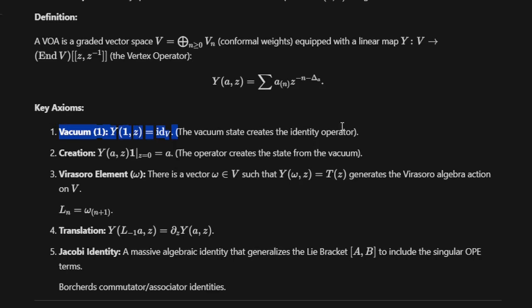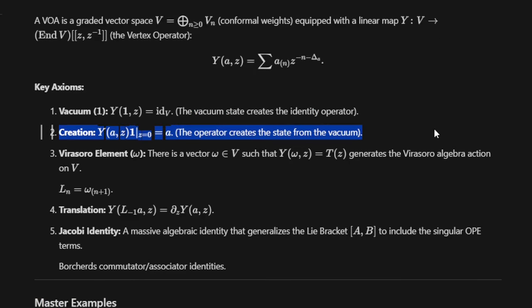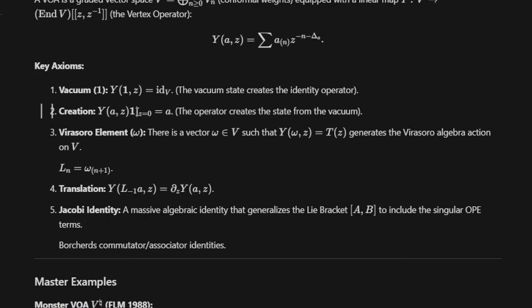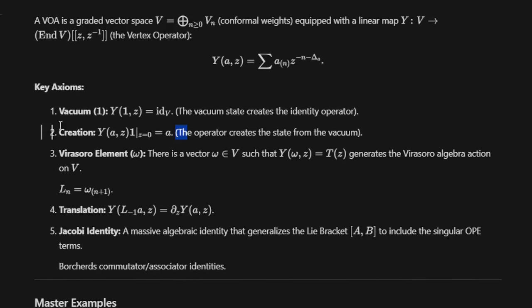So the vacuum state creates the identity operator, and the next axiom is the creation axiom: the evaluation of the vertex operator at 0 is equal to a, and this means that the operator will create the state from the vacuum itself.